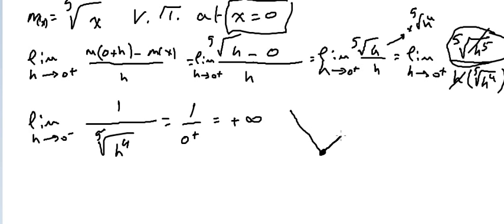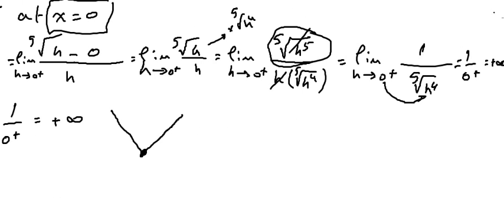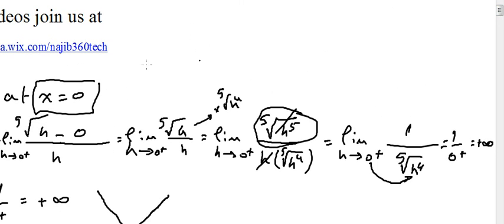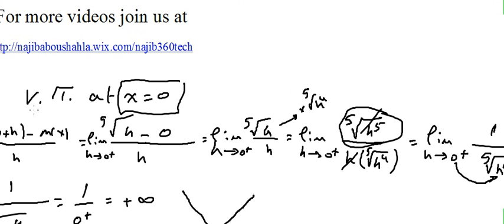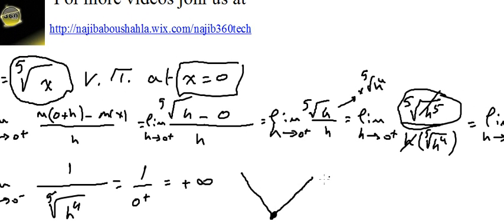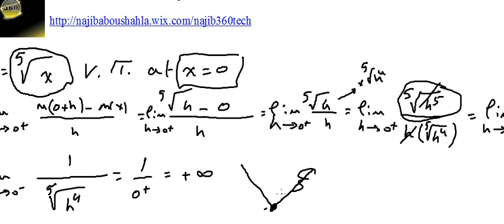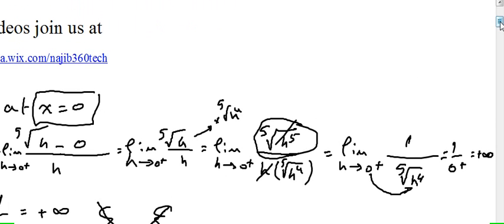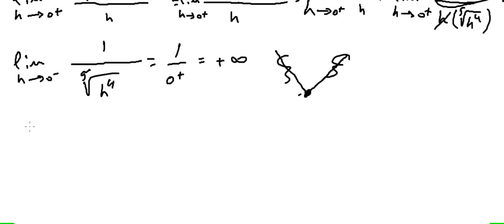As you can see, it's the fifth root of x. It doesn't look like a straight line for sure, but it is some curve, a rational curve, and we don't have differentiability. This means a vertical tangent at x equal to 0.